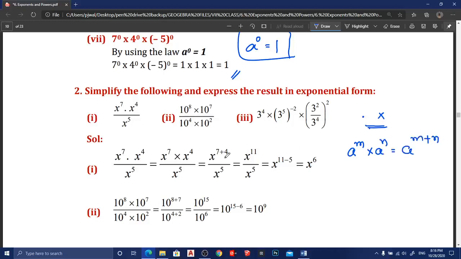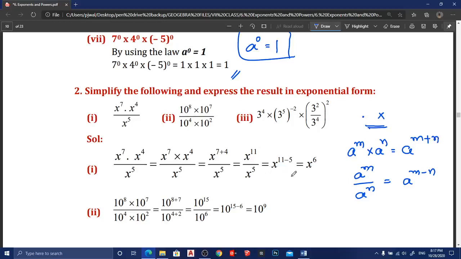This is used in the numerator, and after converting, this is in the form of the second formula, a to the power of m by a to the power of n. So why are we using this here? Both the bases are equal, powers are different. So this is similar to this formula. If it is division, you have to subtract the powers. If it is multiplication, you have to add the powers.